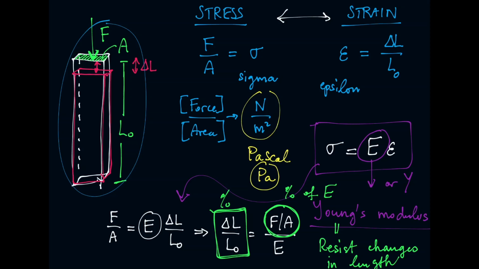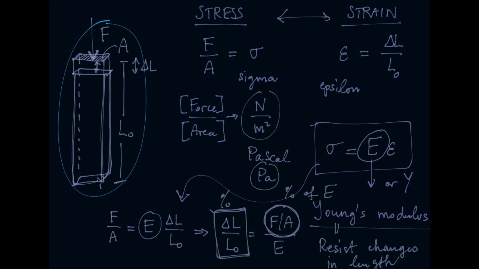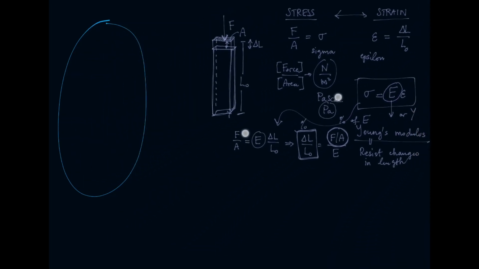So that gives you immediately a ballpark value for, hey, if I need to elongate or compress a certain object by a certain percentage, what kind of ballpark stresses am I talking about? And Young's modulus is precisely that ballpark. Again, if you need X percent of strain, elongation or compression, you need X percent of the Young's modulus to achieve that. Nice. Let me shrink all this and put it over here.